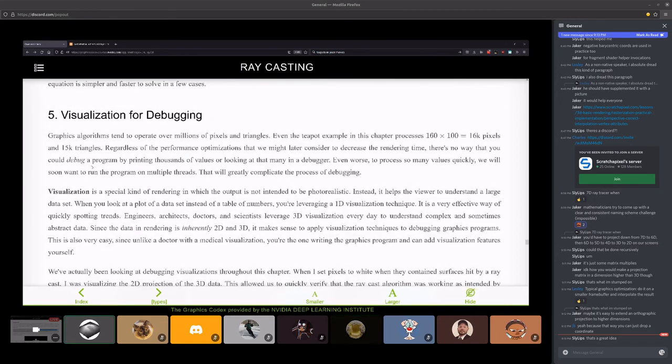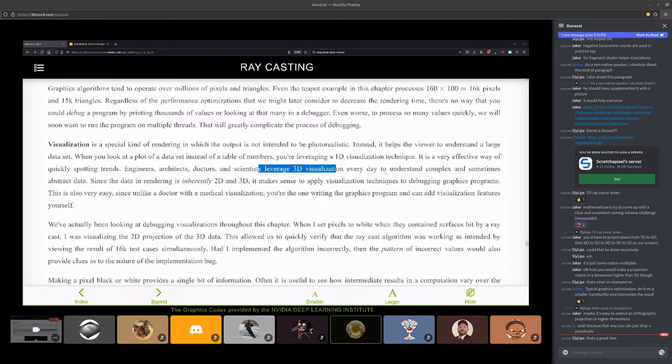Oh, we got some visualization for debugging. When you're trying to debug something where you have 15,000 of the thing, because you have a lot of pixels or triangles or both, having ways of seeing specific issues will be helpful. That's why graphics debuggers tend to be on the visual side, where we take the current contents of the thing and present it as a picture that we can look at.